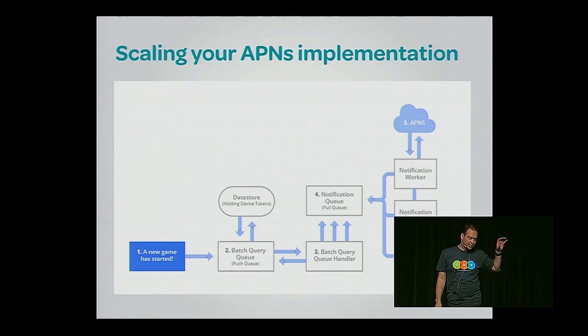This slide is a little bit of a high-level architecture of how I recommend you try to architect your service. As I said, ideally you want your PyAPNS to be running separate, it doesn't have to be a separate service, but separate from your web server or your web application.